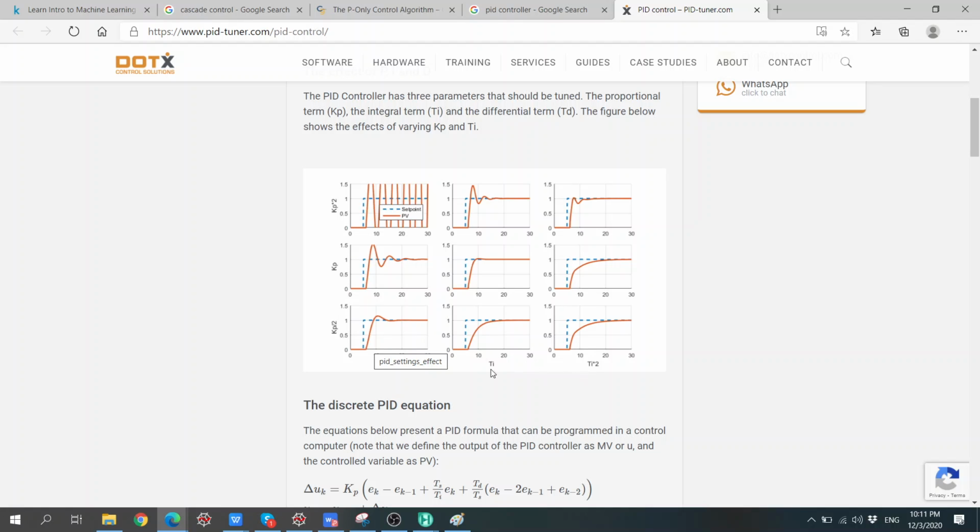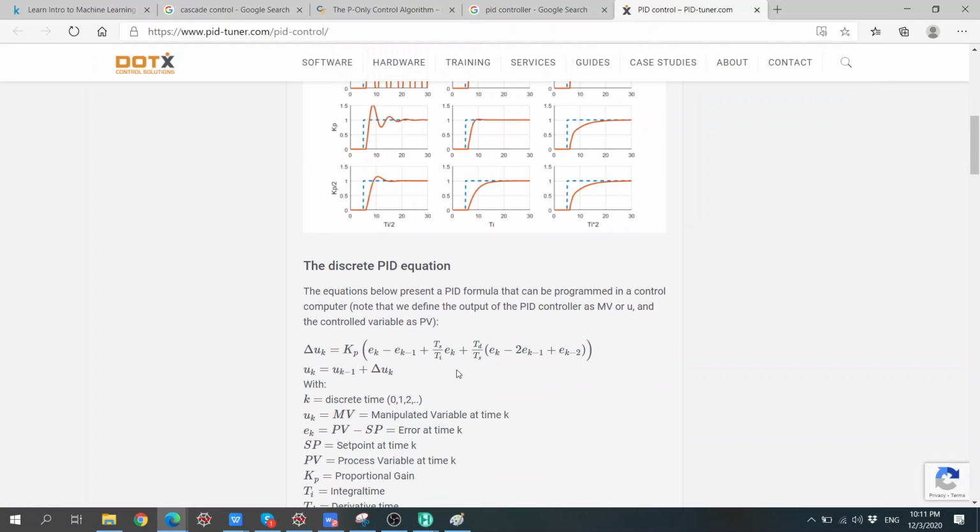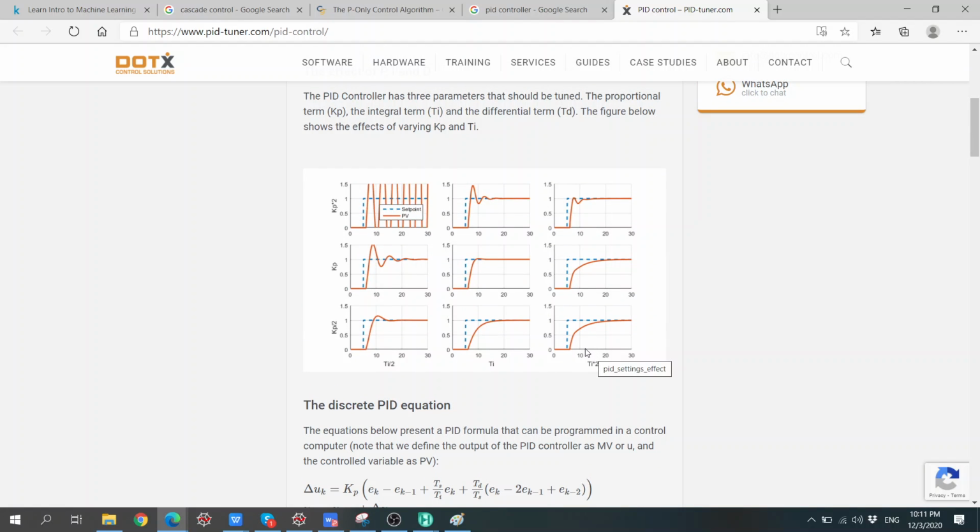The same goes with the tau I. Because this tau I is in the denominator, if we make it big, that means the effect of the I controller is smaller.